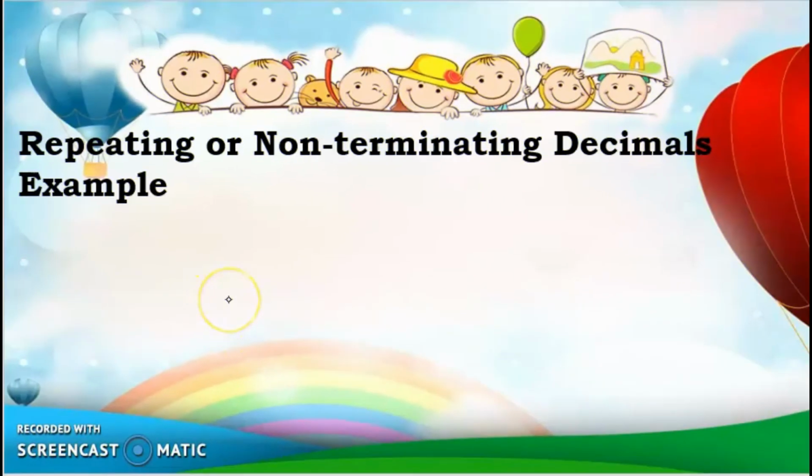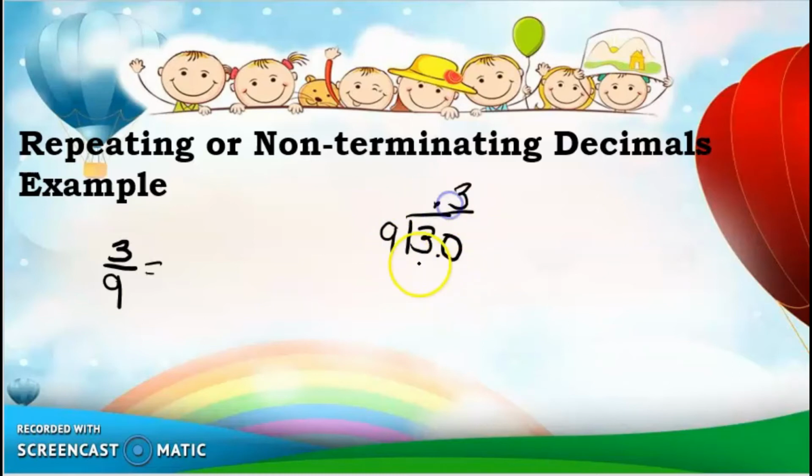Okay, so let's go to repeating or non-terminating decimals. Let's say for example, we have 3 divided by 9. Let's divide this. 3 divided by 9, let's add 0. 30 divided by 9 is 3, then 3 times 9 is 27, leaving 3.